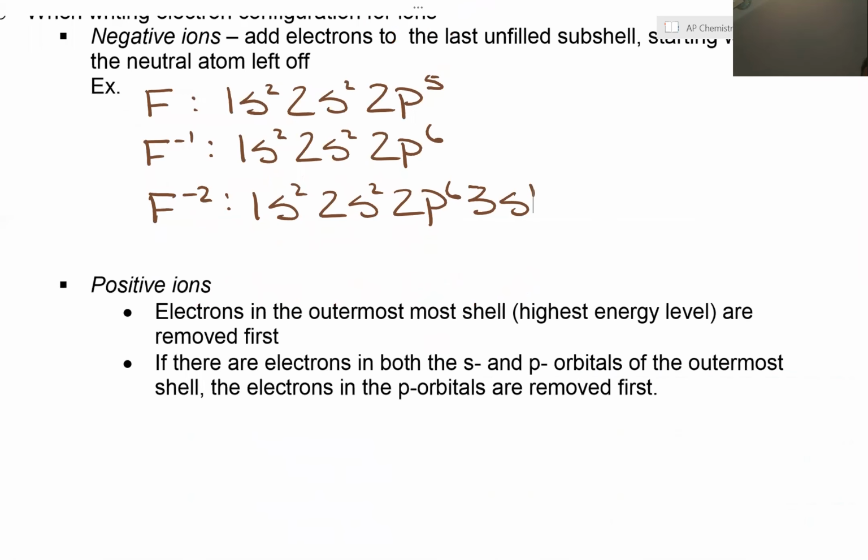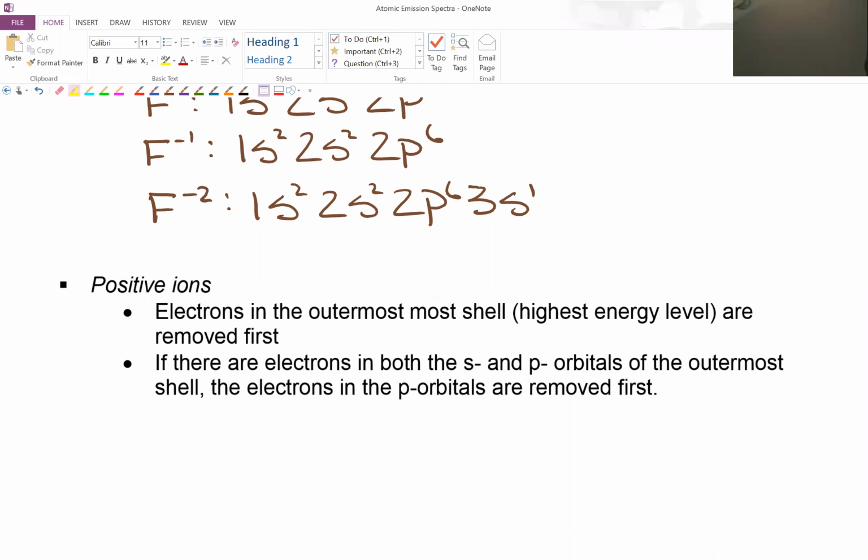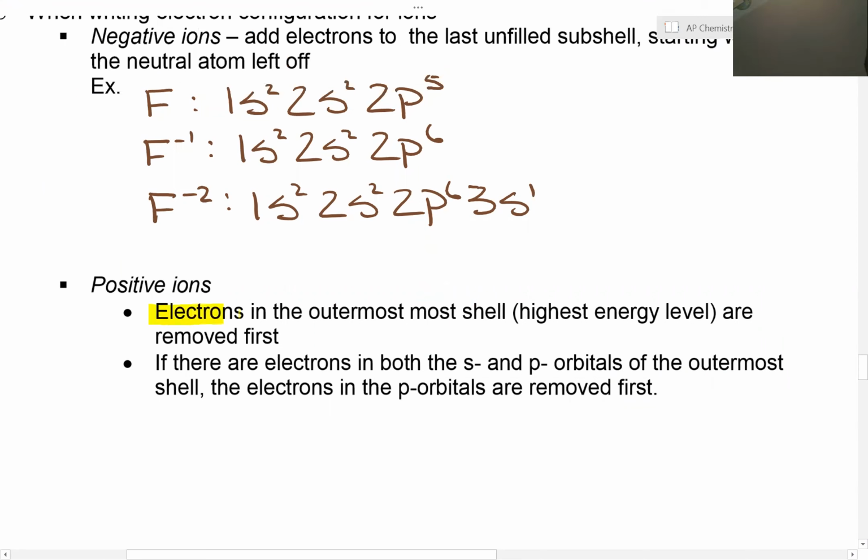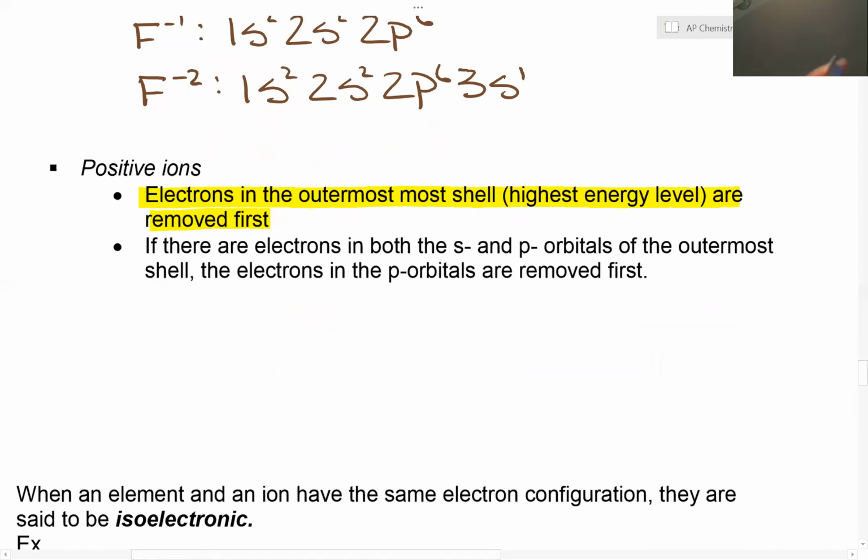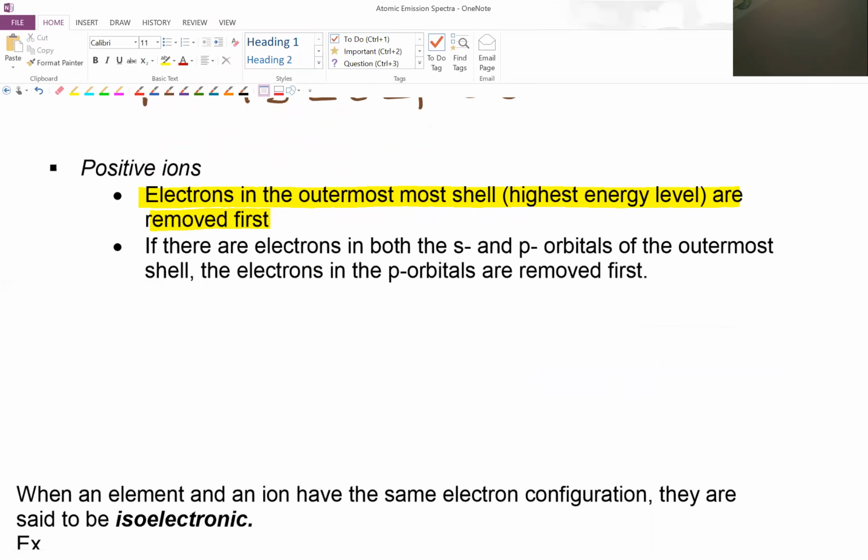Now, for positive ions, it's a little bit different. Electrons in the outermost shell, or the highest energy level, are removed first. Now, let's go back to germanium.